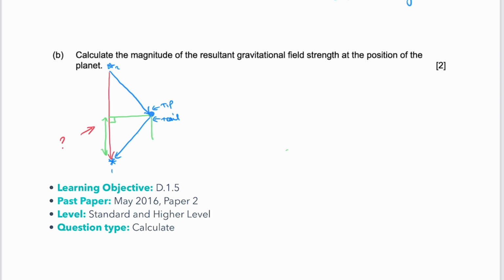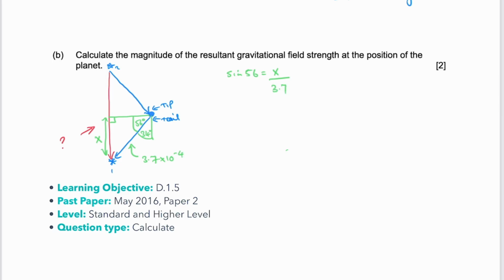We know that this is 34 degrees, so this must be 56 degrees. Therefore, we can find out the length of this, let's call it x, by using trigonometry. Sine 56 equals the opposite length of there, so it's x over the hypotenuse, and the length of this hypotenuse is 3.7 times 10 to the minus 4.